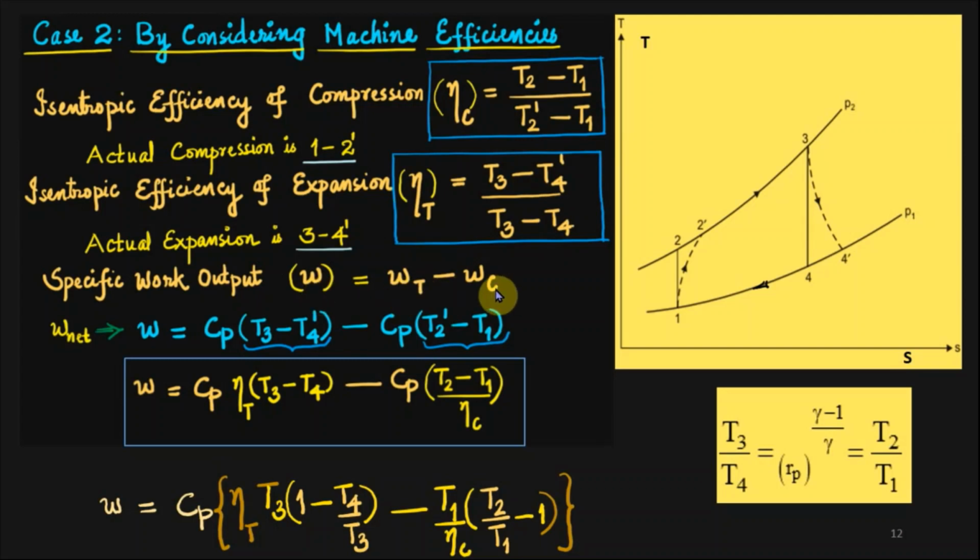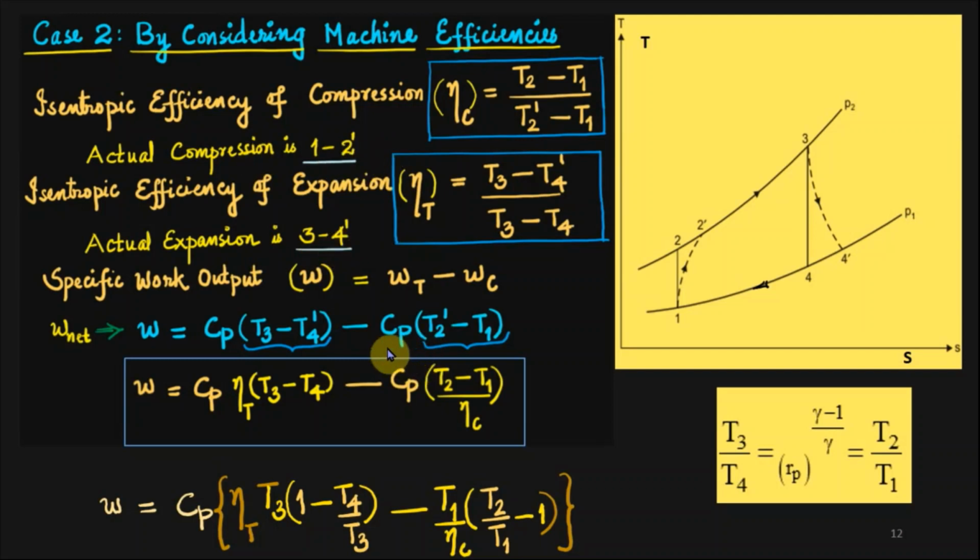Now the specific work output W, that is W turbine minus W compressor. But remember, here you have to consider the actual work done by the turbine and the actual work done on the compressor, both in specific terms, that is per unit mass of air. So W net can be represented by W, that is equal to Cp into T3 minus T4 dash, because 3 to 4 dash, that is the actual expansion, and actual compression is 1 to 2 dash.